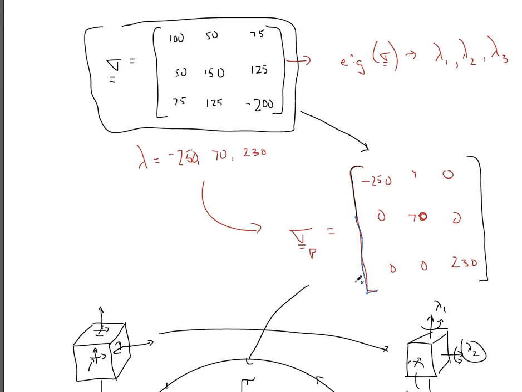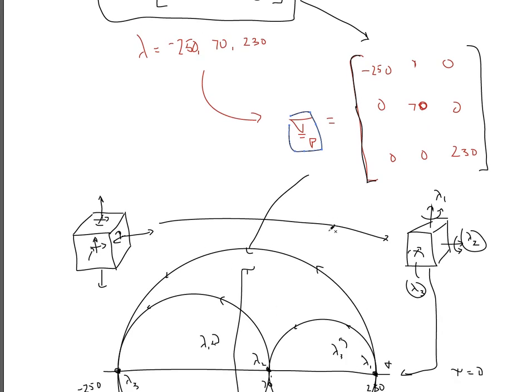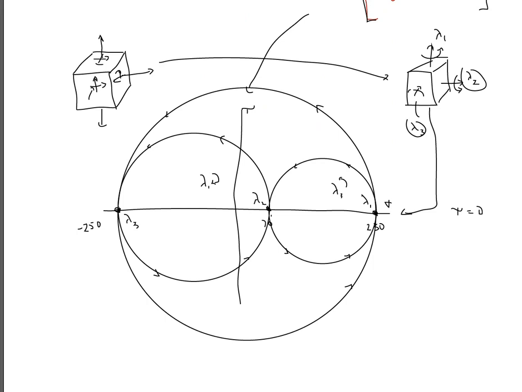So a single stress tensor can be converted into principal stresses and into the internal stresses that the material has within it. So this right here is the 3D Mohr's circle.